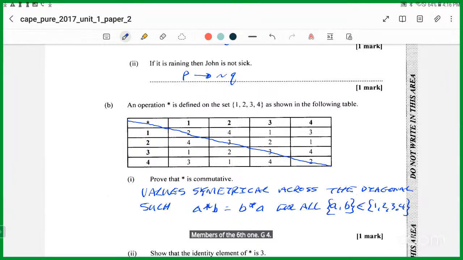So all the pairings A star B is equal to B star A.